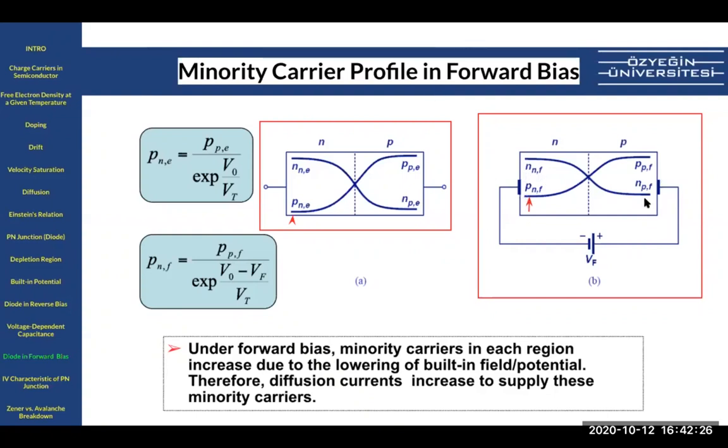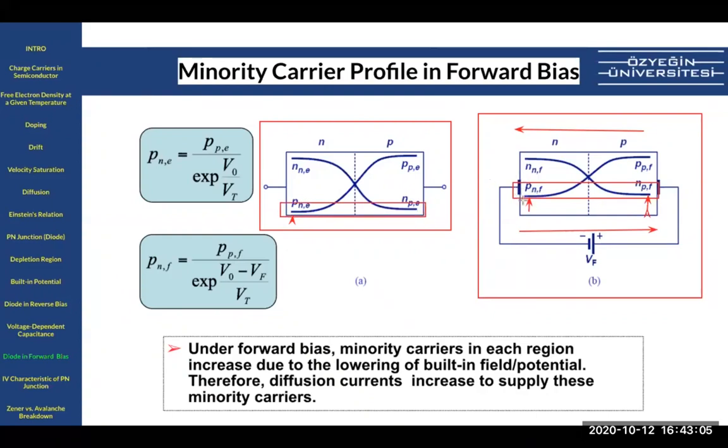Same for the electrons on the p side. They also increased quite a bit, as you can see. This basically proves that the holes have already flowed towards this side, and the electrons have already flowed to this side, so that we actually have many more electrons and holes as minority carriers compared to before. As you can see here, the levels are here compared to here, much less.